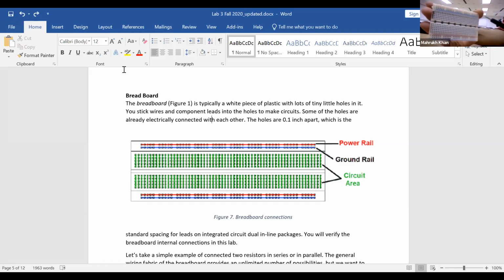Similarly, the blue line shows the ground, and they are all connected together. In the circuit area, the green lines connect vertical holes. So they are connected vertically but not horizontally. Got it?